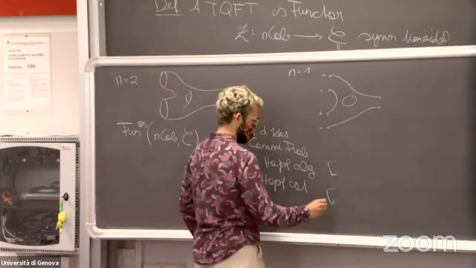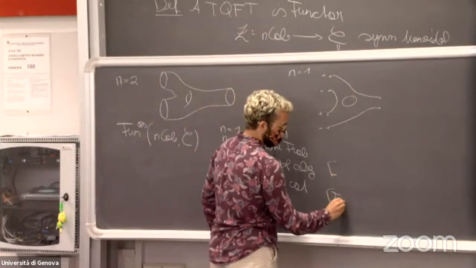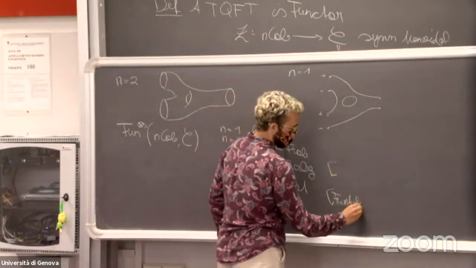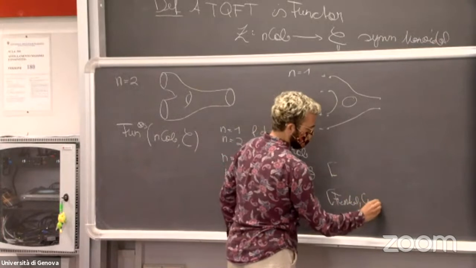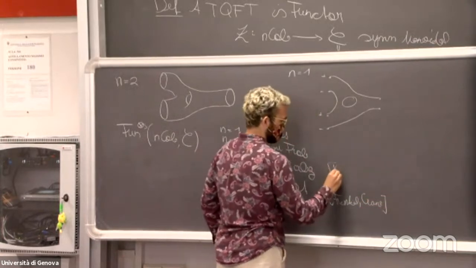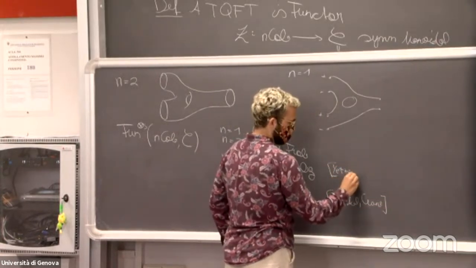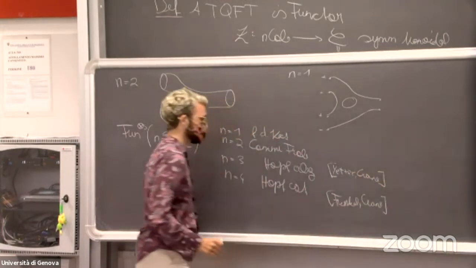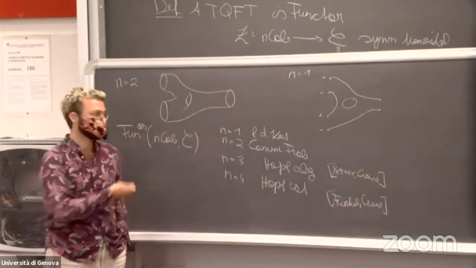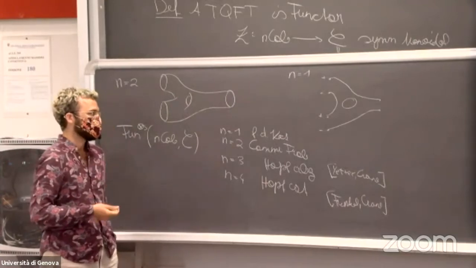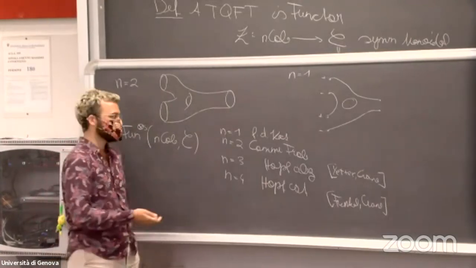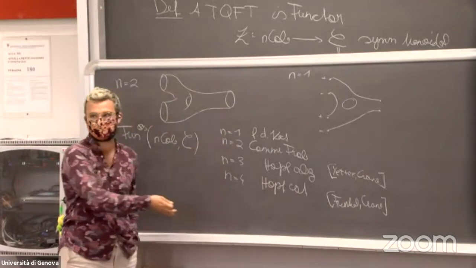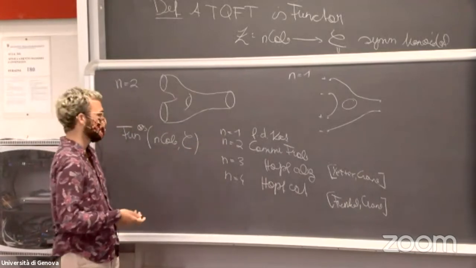So the 4-dimensional is Frankel and Crane, and the 3-dimensional is Turaev-Viro and Crane. So yeah, these are not complete classifications. These are just examples we have. And we want to understand the higher dimensional versions because these are the ones that pop up in physics a lot.